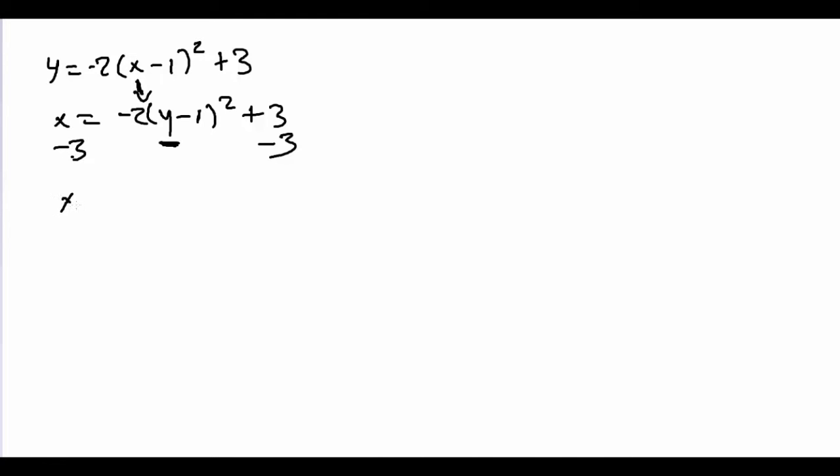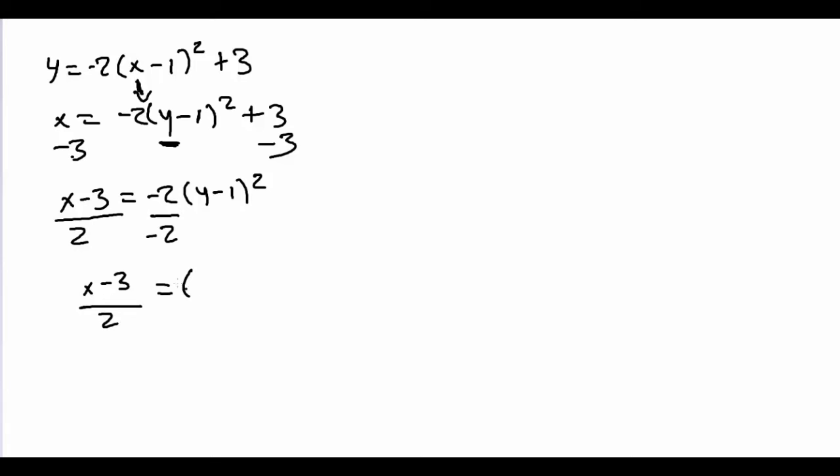We're trying to isolate the y, so we'll subtract 3 from both sides. So that would be x minus 3 equals -2 parentheses y minus 1 squared. And then we divide by -2. So that would be x minus 3 divided by -2 equals y minus 1 squared. And then we square root both sides of the equation to get rid of the squared.